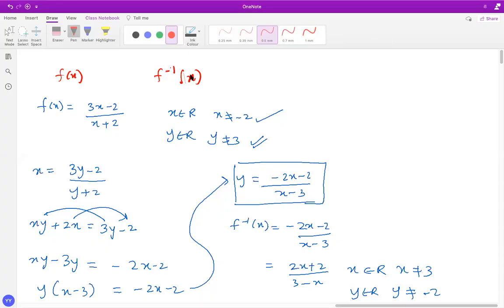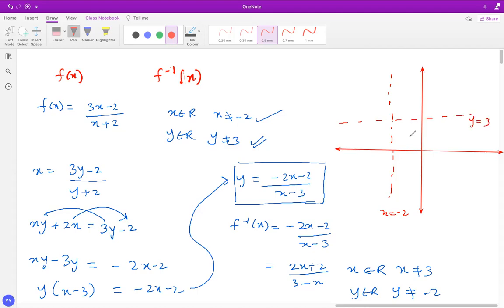So when you're sketching the graph of this, basically we're going to have the original graph first. The original graph is something like here. The vertical asymptote is at x equals minus 2, so I'm just going to show approximately the x equals minus 2 line here, and the y equals 3 line.